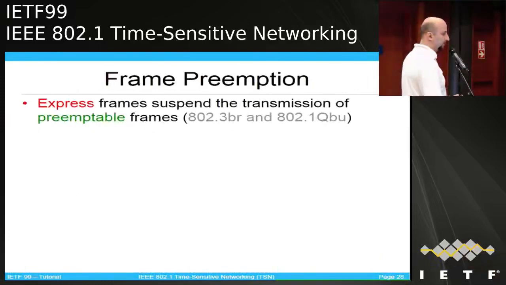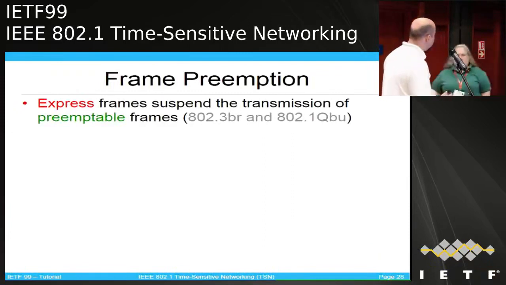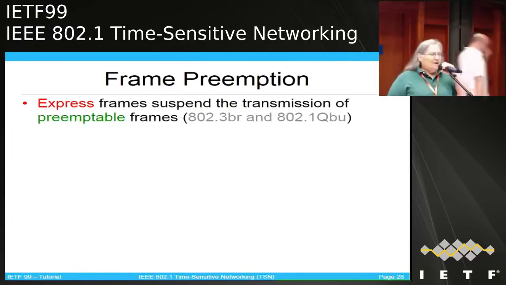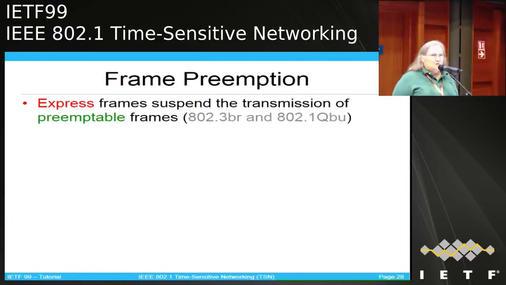And I give the word to Pat, who was the editor of the frame preemption standard. Right. So I was the editor for the frame preemption, the part of preemption that went in 802.3, because this is a facility that needs to be supported by the MAC as well as by the part of the link layer above the MAC.